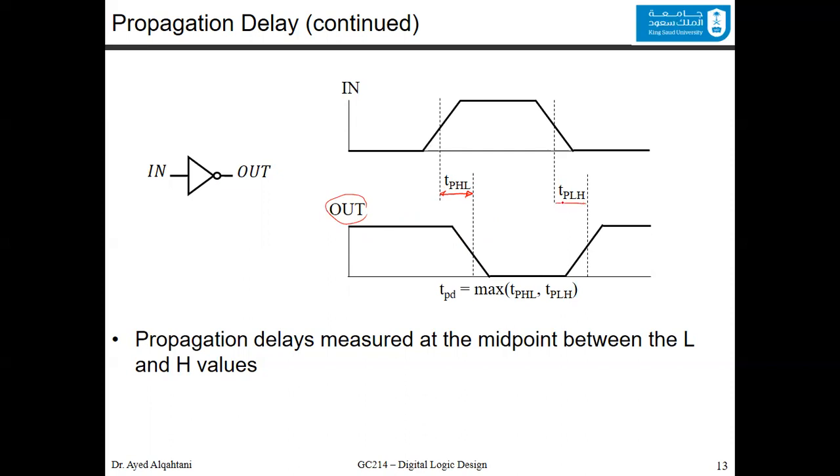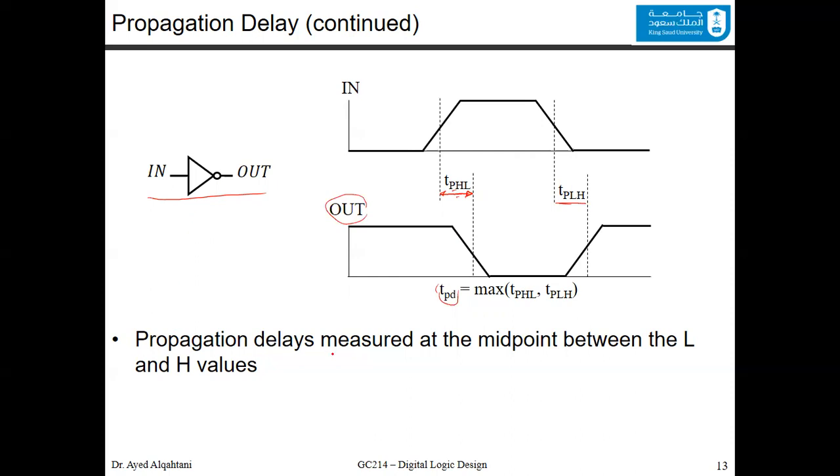And we have another time, which is from low to high. Now, if you want to find the propagation delay for this circuit, which is a simple inverter, then you take the maximum of those two times. If you take the maximum, this means that you are considering the worst case scenario, which is a good idea in logic design.